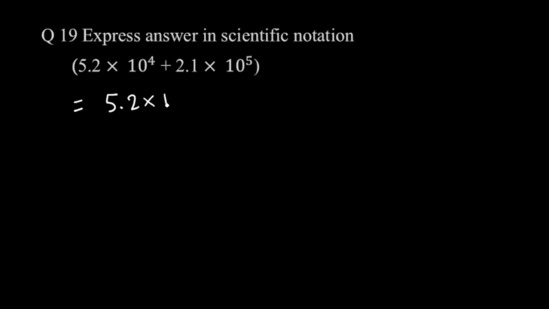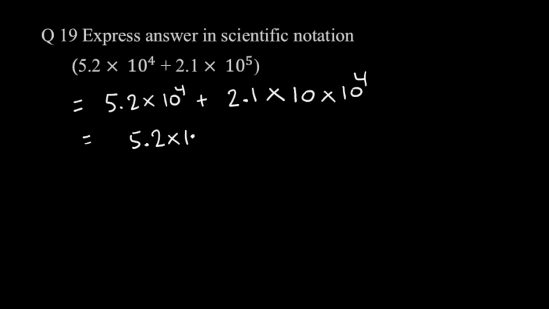5.2 multiply 10 to the power 4 plus 2.1 multiply 10 to the power 5. We can also write this as 10 multiply 10 to the power 4. So 5.2 multiply 10 to the power 4 plus 10 multiply 2.1, which is 21, multiply 10 to the power 4.